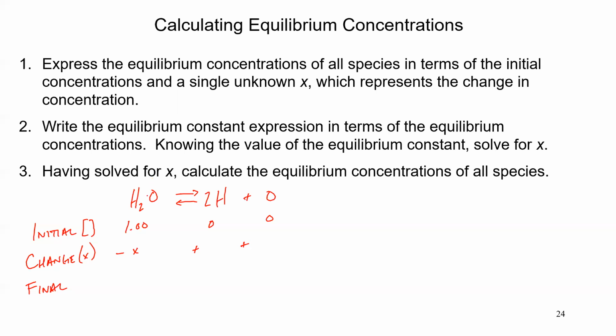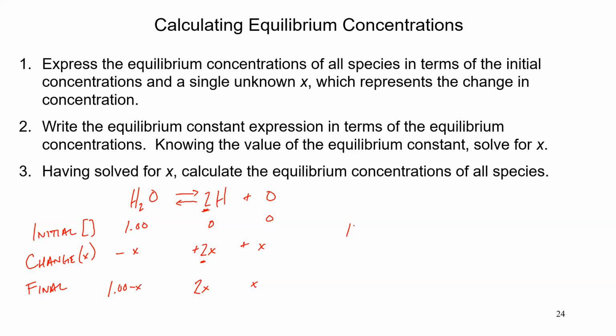And so it's a minus X on the reactant side. It's a plus X on the product side, but we have to take into account those coefficients. And so that 2 comes down here. And so we get plus 2X and plus X for hydrogen and oxygen respectively. And so our final would be 1 minus X for water, 2X (0 plus 2X is just 2X), and 0 plus X is X for our products.